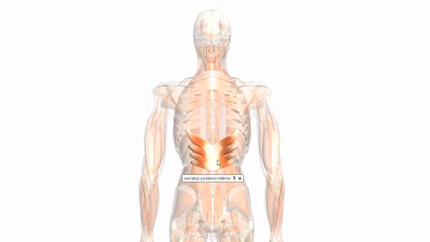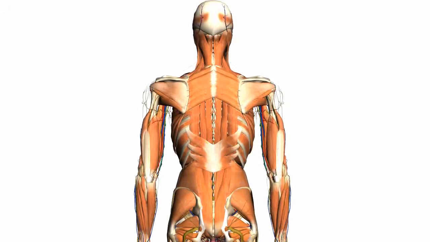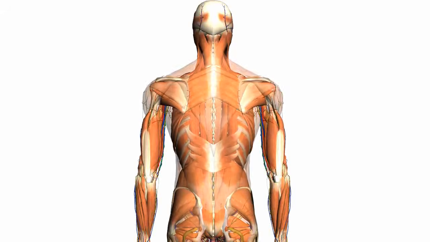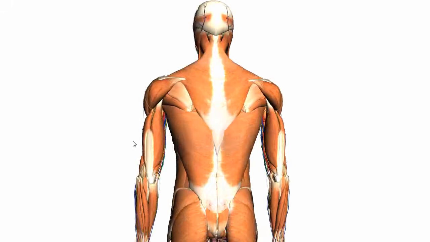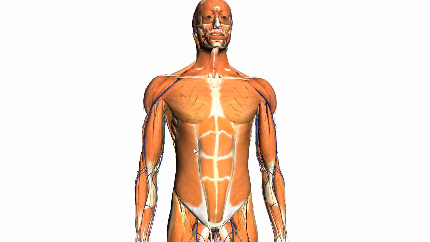So the serratus posterior inferior is deep to the latissimus dorsi, but it's more anterior than the latissimus dorsi, because relative to the anatomical position it's closer to the front of the body.